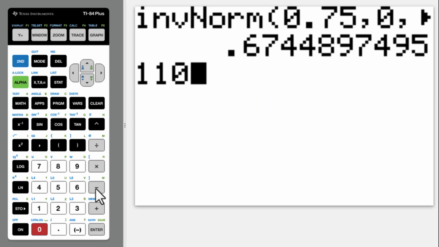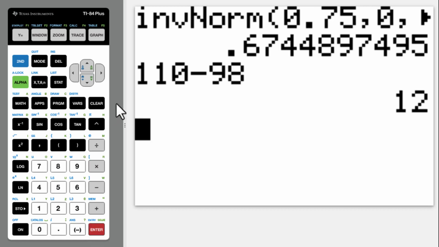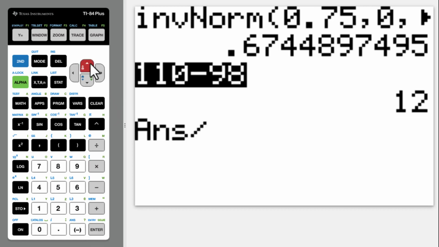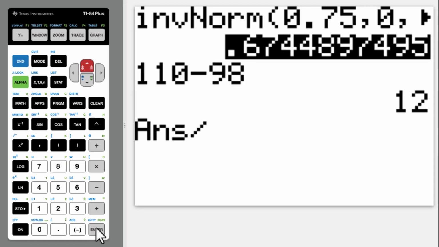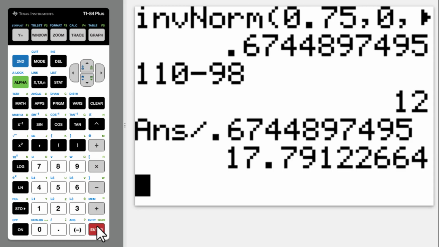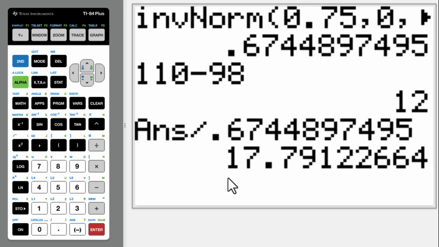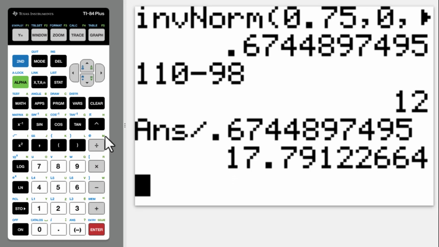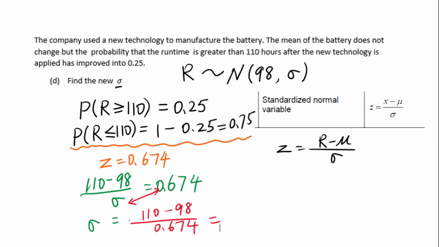Then dividing by this z-score, sigma equals 17.8. So the new standard deviation is 17.8.